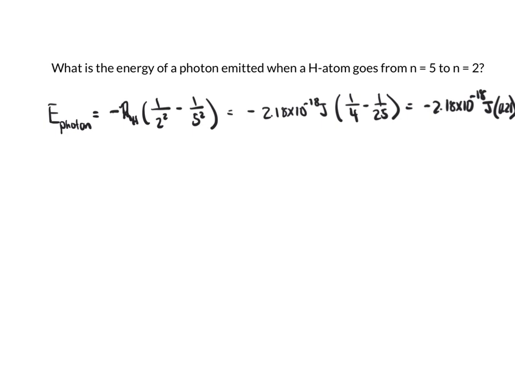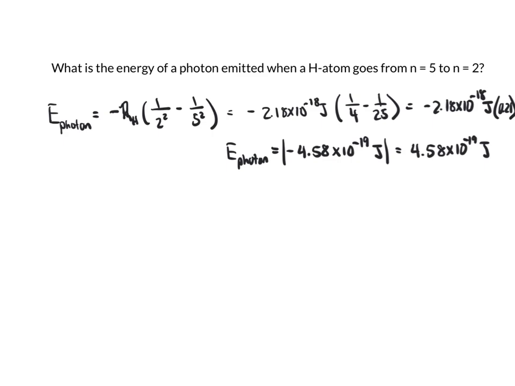And that gives me an energy for my photon that is minus 4.58 times 10 to the minus 19 joules. Now remember that the photon energy can't be negative, and so I'm going to take the absolute value of this, and so my photon has an energy of 4.58 times 10 to the minus 19 joules.